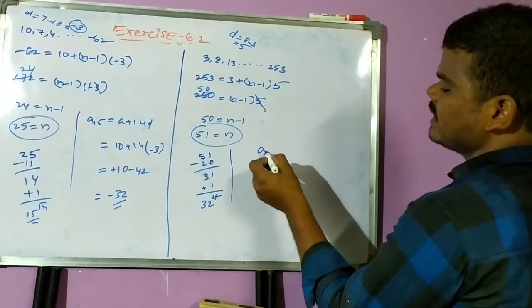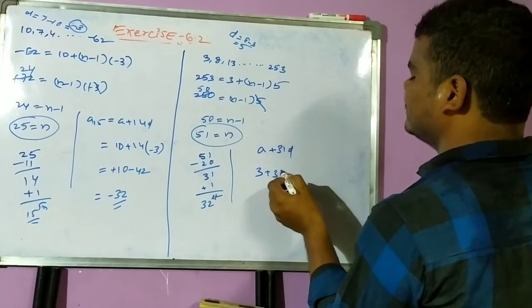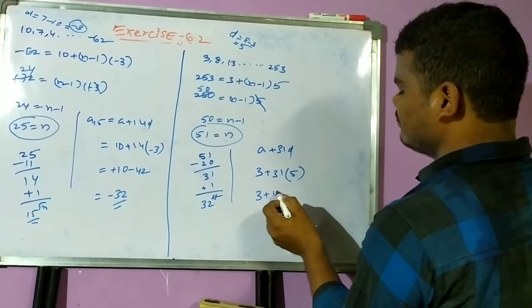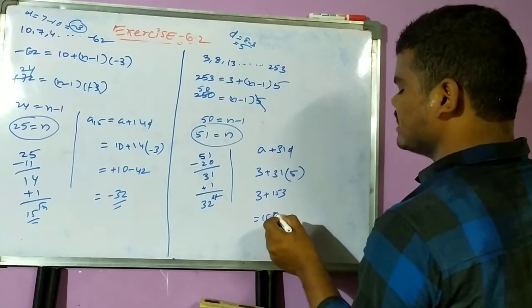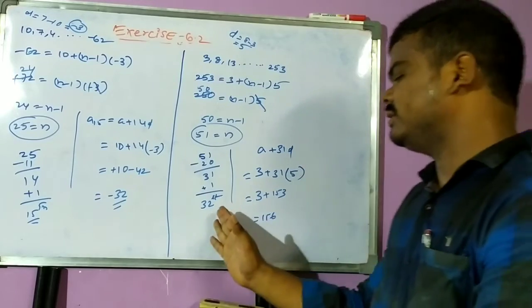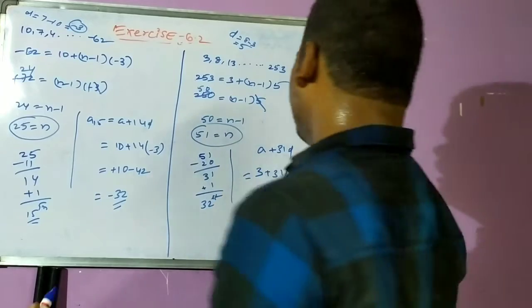That is a plus 31d. What is the a value? 3 plus 31 into d value, which is 5. 3 plus 155, that is 158, is the term which is 32nd from the first and 20th from the end.